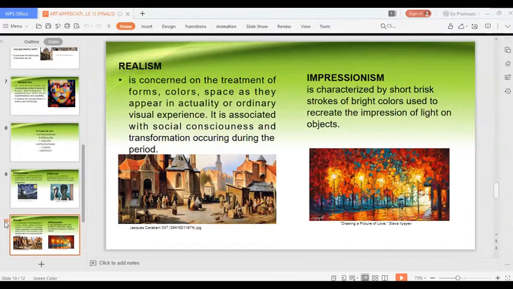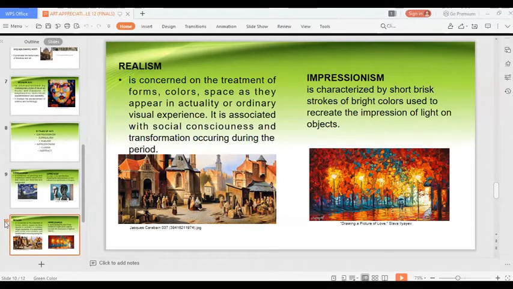Realism is based on the word real, meaning real or everyday life or activities. So the artwork has an accurate and very detailed depiction of nature, for example, or present life activities. So it is concerned with the treatment of forms, colors, and space as they appear in actuality or ordinary visual experience.